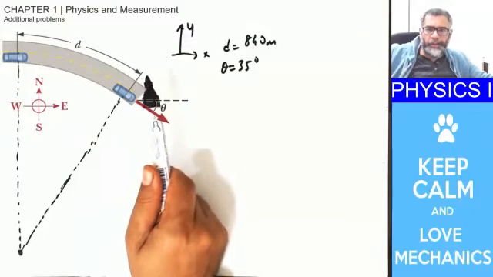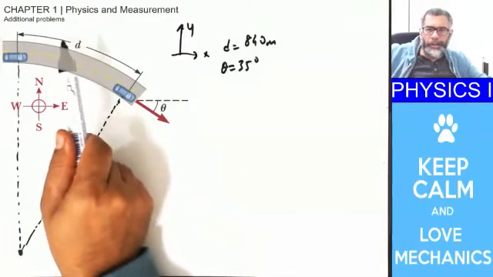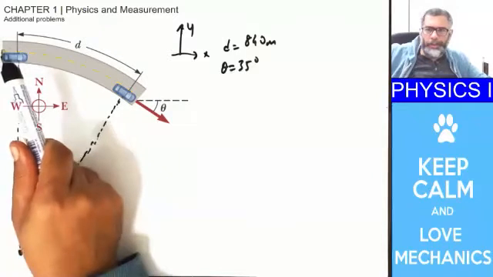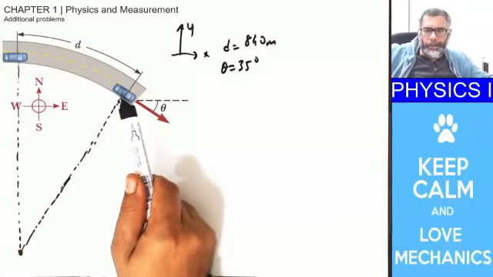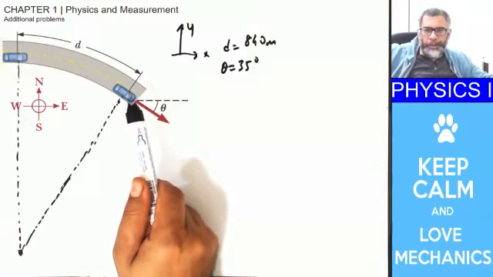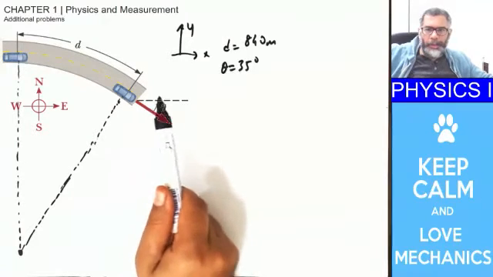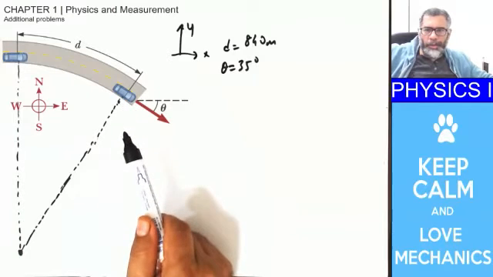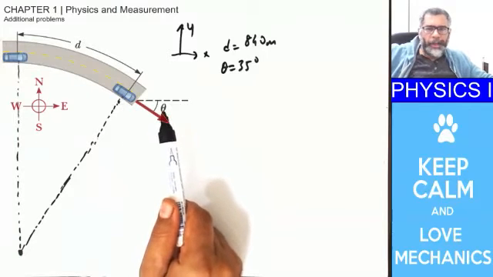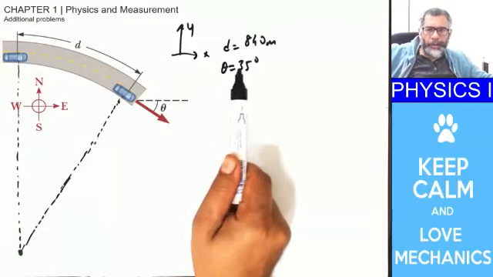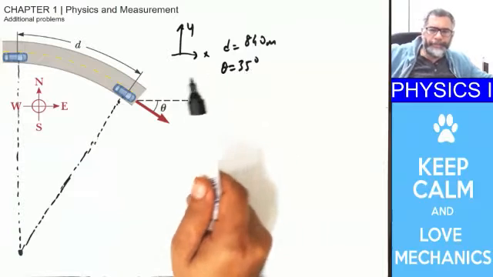After it travels a distance d from this initial position, the car is traveling in this direction. It is neither east nor south, but somewhere in between. And this angle the problem gives is 35 degrees.